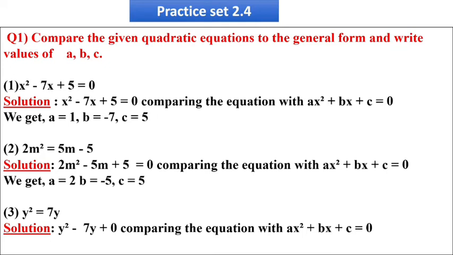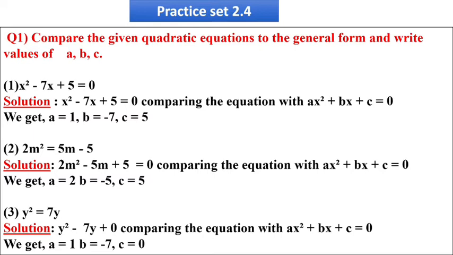So we form the equation y square minus 7y plus 0. Comparing the equation with ax square plus bx plus c equal to 0, here the value of a is 1, b is minus 7 and c value is 0. Understood? Here you have understood how to get the values of a, b, c by comparing the equation.